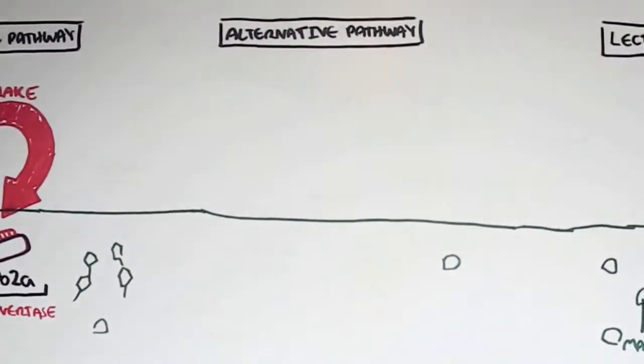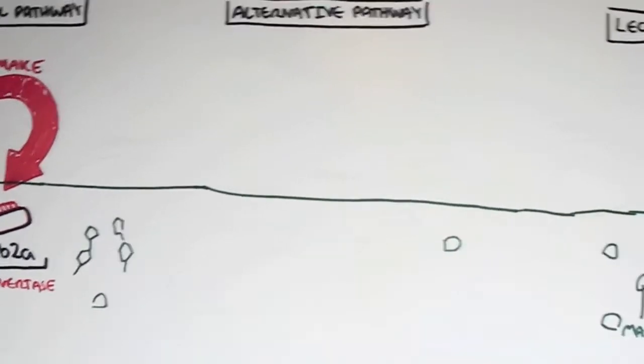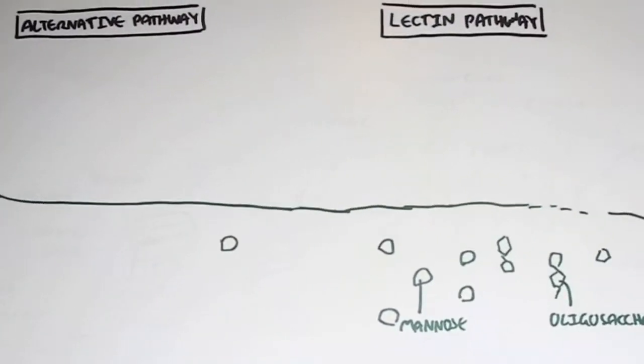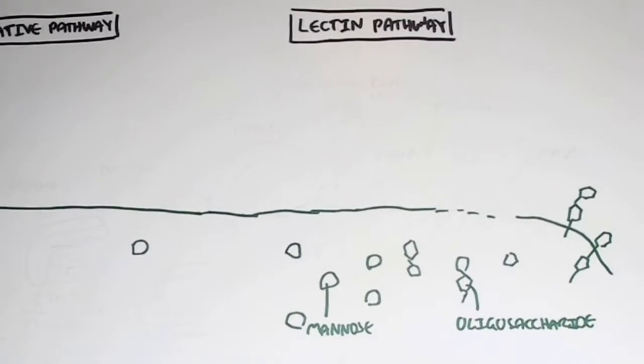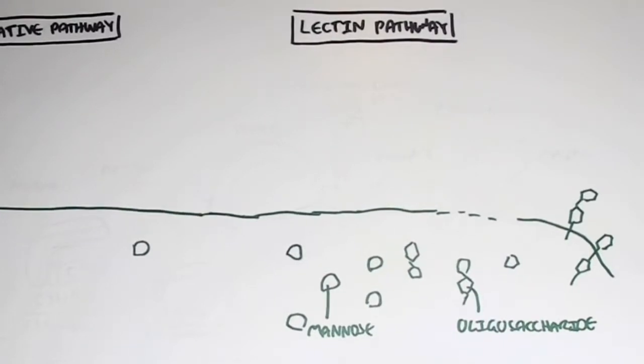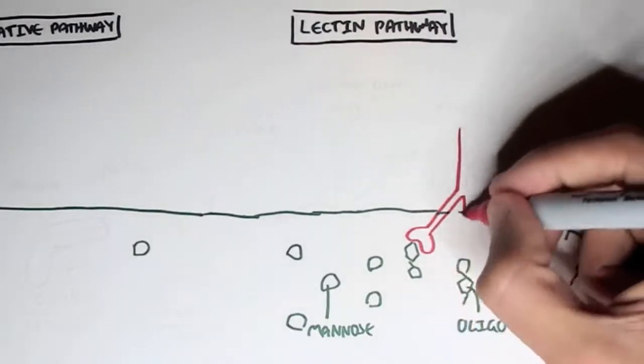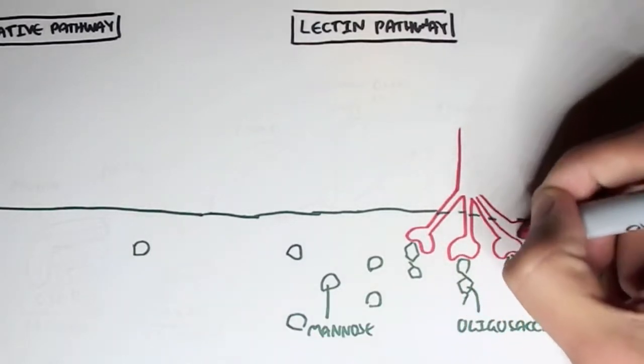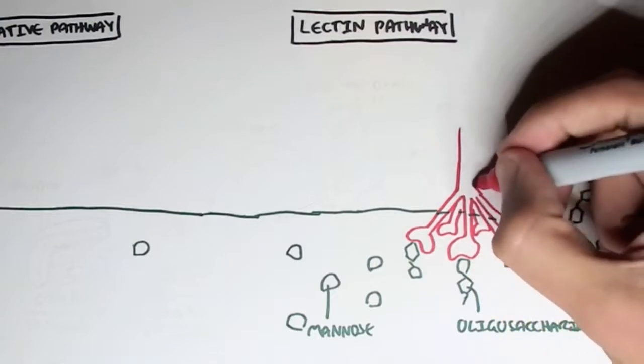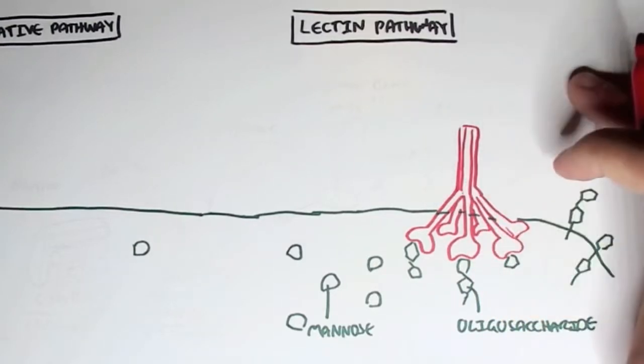But for now, let's stop there and look at the lectin pathway, which is very much similar to the classical pathway, but involves different types of proteins in the activation of the C4b2a complex, the C3 convertase. Now, the lectin pathway differs from the other pathways because what initiates it are proteins binding to carbohydrates on the pathogen.